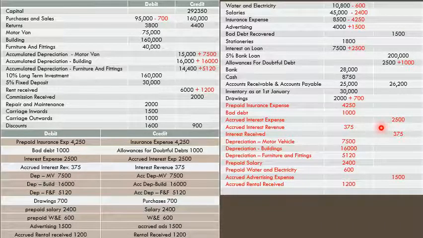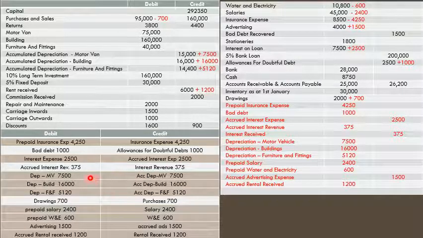Untuk accrued interest revenue pula, debit accrued interest revenue sebab dia adalah aset. Kemudian awak kreditkan interest revenue. So buka akaun baru accrued interest revenue 375. Kemudian awak kreditkan akaun baru iaitu interest received, interest revenue lah.